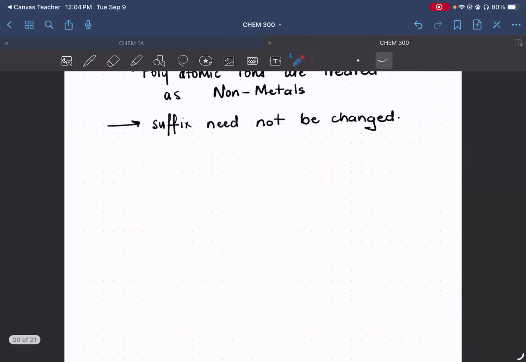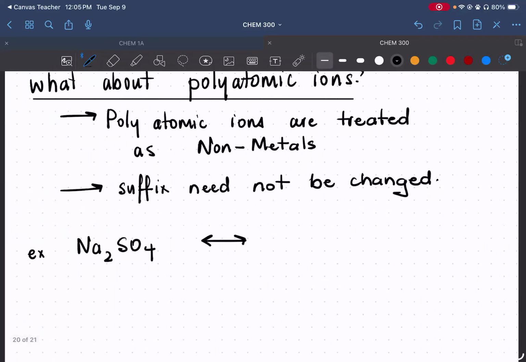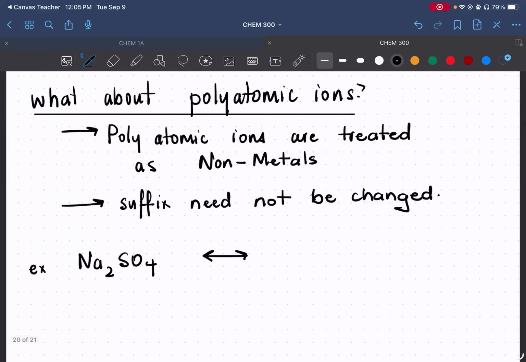So let's just do one or two just as a quick example. First up, Na2SO4. All right, all of you have the handout in front of you, so please identify SO4 on the handout. Don't speak it out loud, but just find it, SO4.